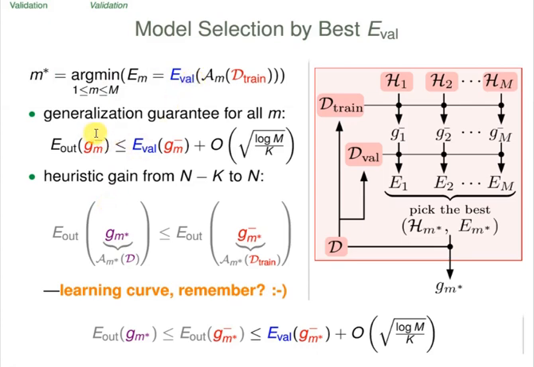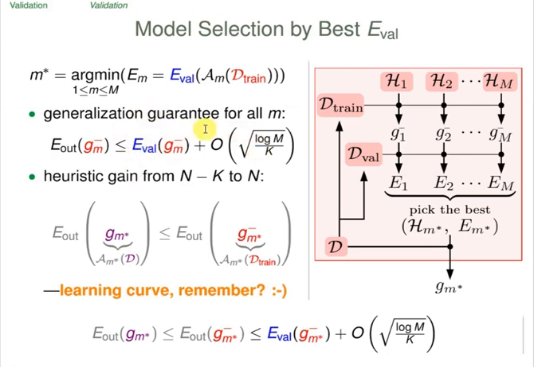Note that if you use E-validation for selecting our g minus hypothesis, then the generalization guarantee can still be shown based on the VC bound and analysis, and E-validation is again considered a better proxy of out-of-sample error.